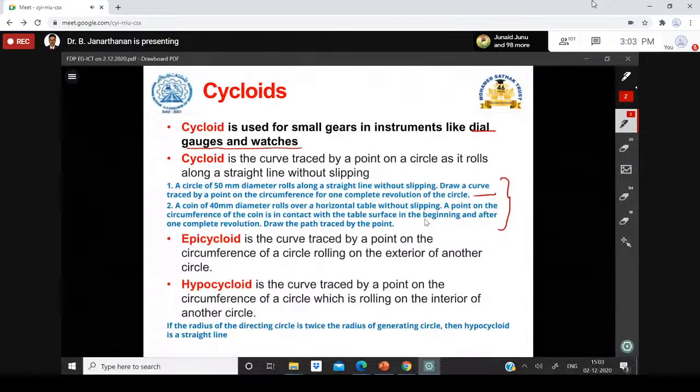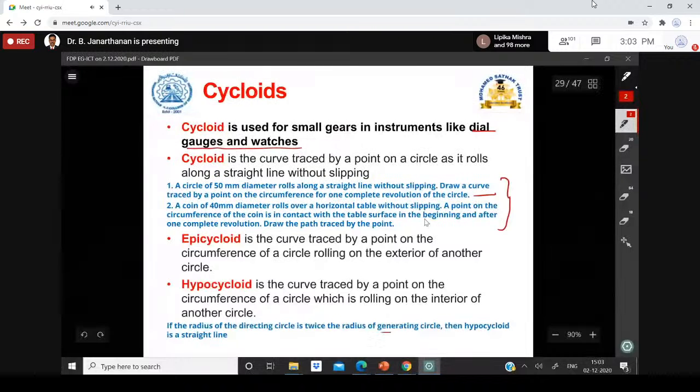Then the epicycloid is the curve traced by a point on the circumference of a circle rolling on the outside of another circle. The hypocycloid is the curve traced by a point on the circumference of a circle which is rolling inside of another circle. You have to understand, if the radius of the directing circle is twice the radius of the generating circle, the circle which is rolling on the other circle is called the generating circle.